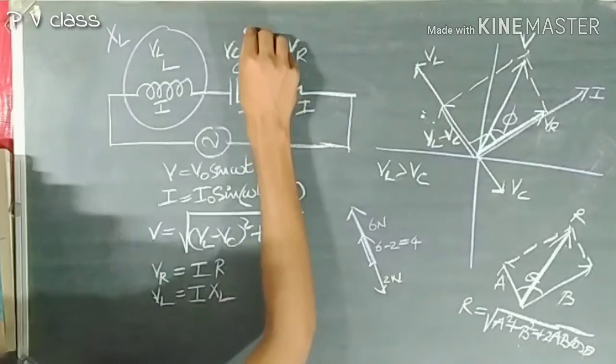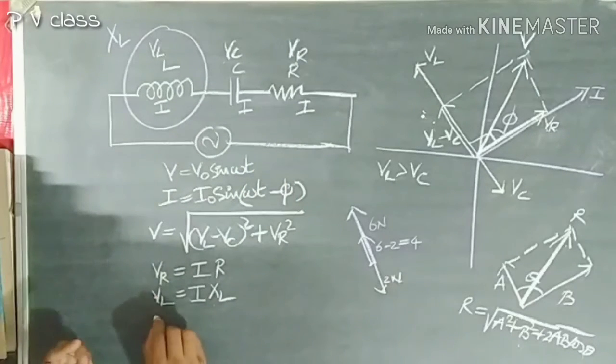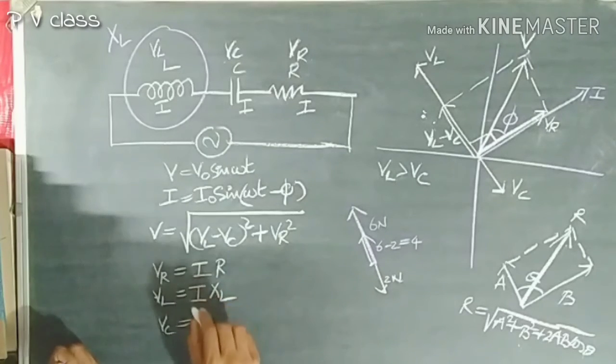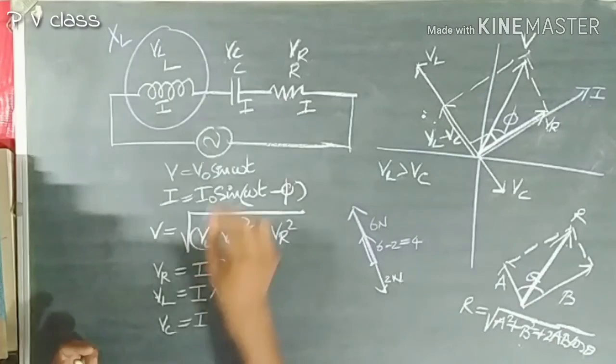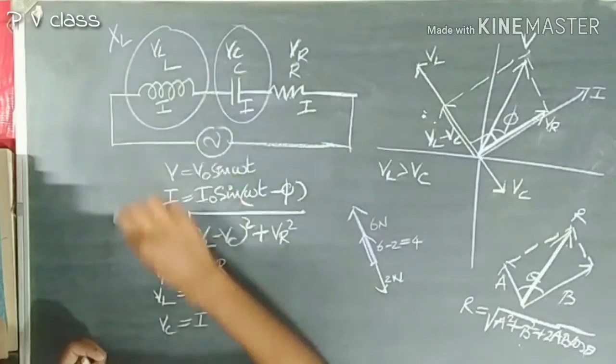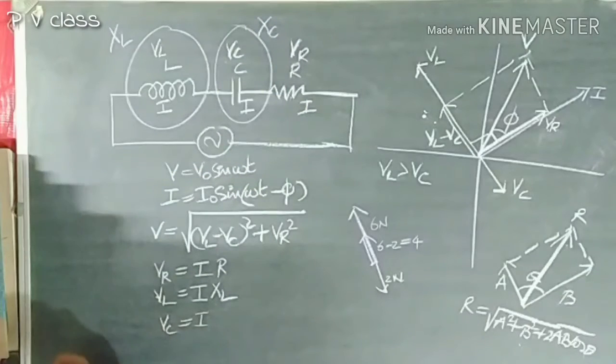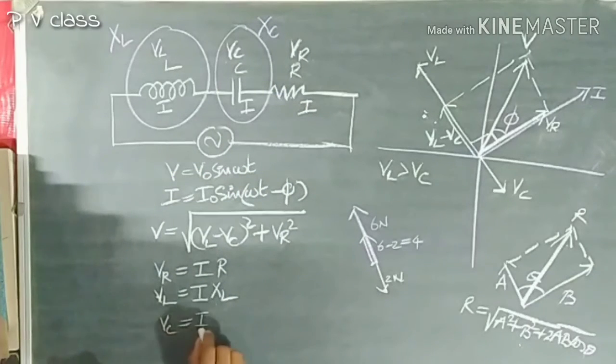And if I am writing VC, what is VC? VC is I into obstruction of capacitor. Capacitor will offer an obstruction of XC, capacitive reactance. Therefore, VC will be I into XC.